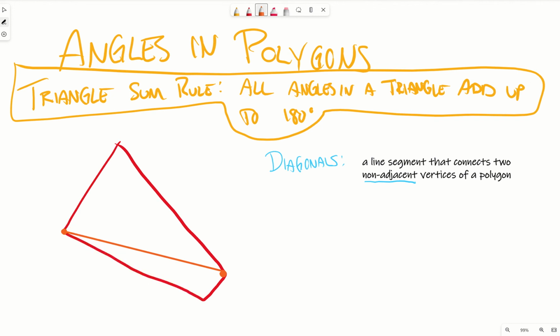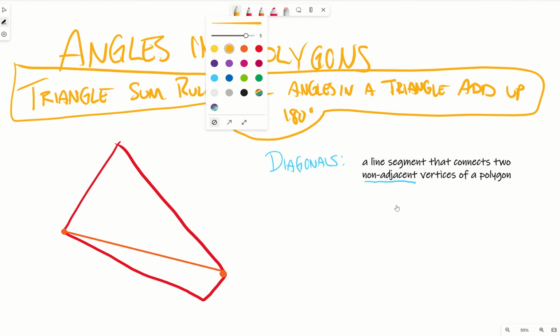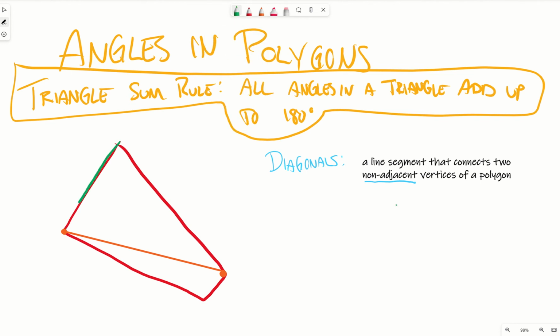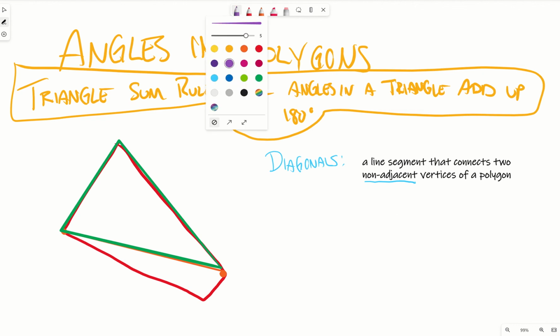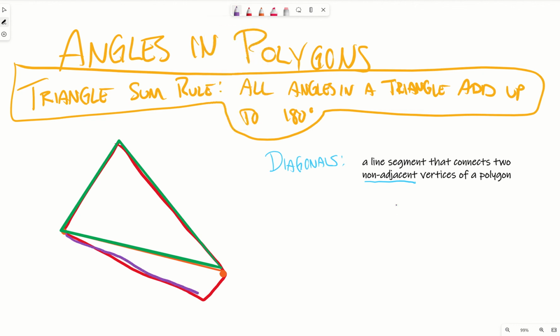So I only have one diagonal I can draw. Now, when I draw this diagonal, I've created two triangles. I've created a triangle here, and I've created a triangle here. Okay?